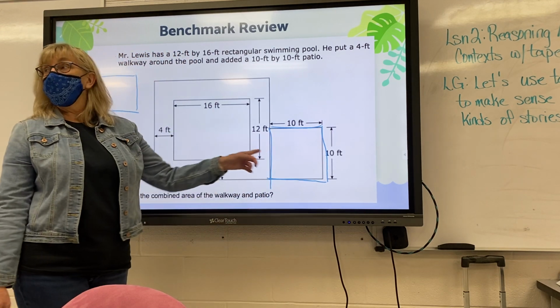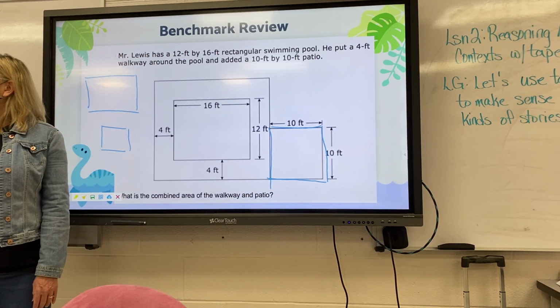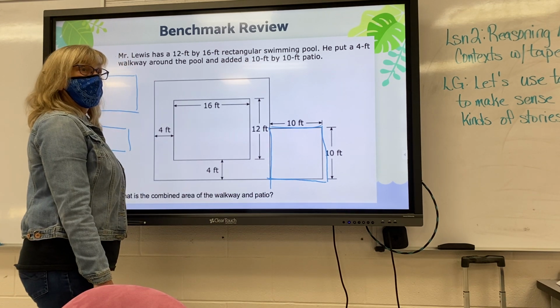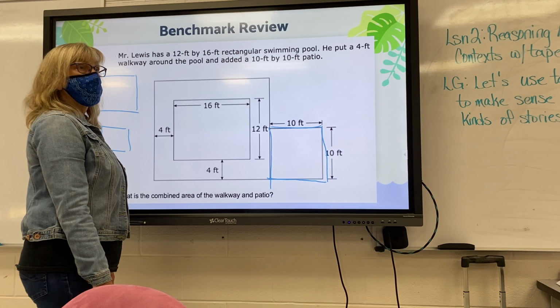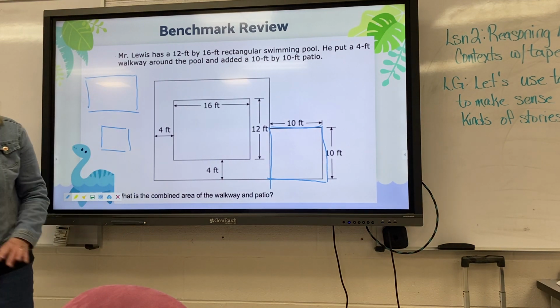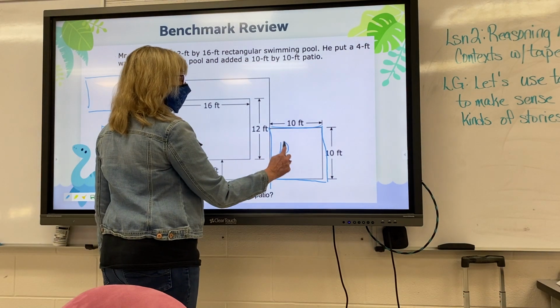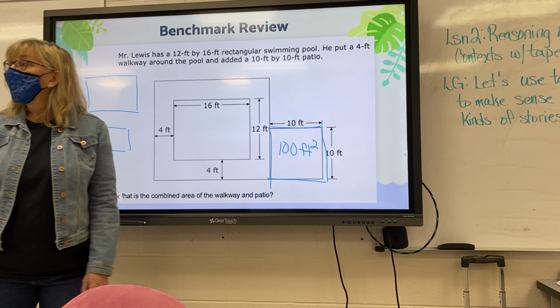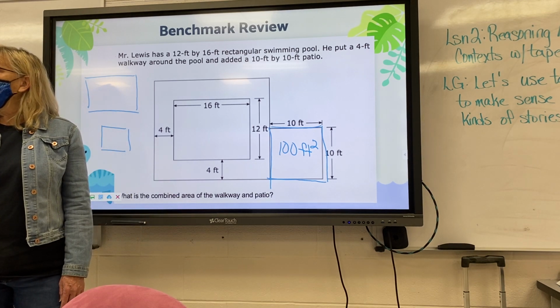Well, can we find the area of the square real easy to start with? What's the area of the patio? 100 feet squared, right? How did you get that, Alan? How did you get 100 feet squared?